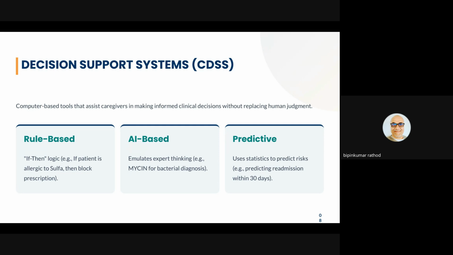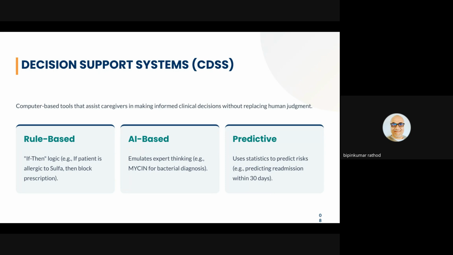So let's see, a patient comes to you and tells you that I'm allergic to sulfa drugs. As a doctor, the patient is now allergic to sulfa, so you don't prescribe the sulfa drug to the patient. That is called rule-based.